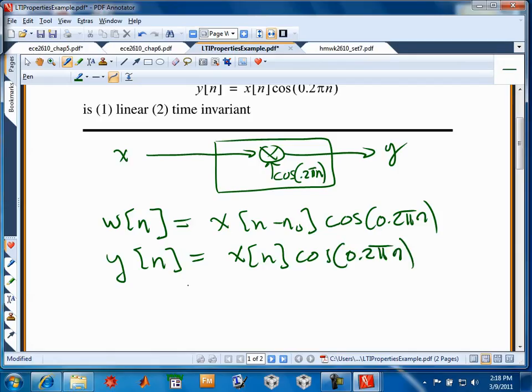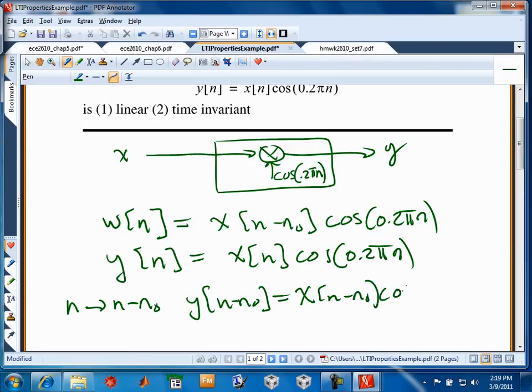But then what we want to do is replace n by n minus n naught. In other words, we want to shift the output of the system. So first we shift the input and get W of n, and then we take the undelayed input and apply it, and then shift it at the output. So y of n minus n naught is going to be what? x of n minus n naught, and here's where things fall apart: cosine 0.2 pi times n minus n naught.